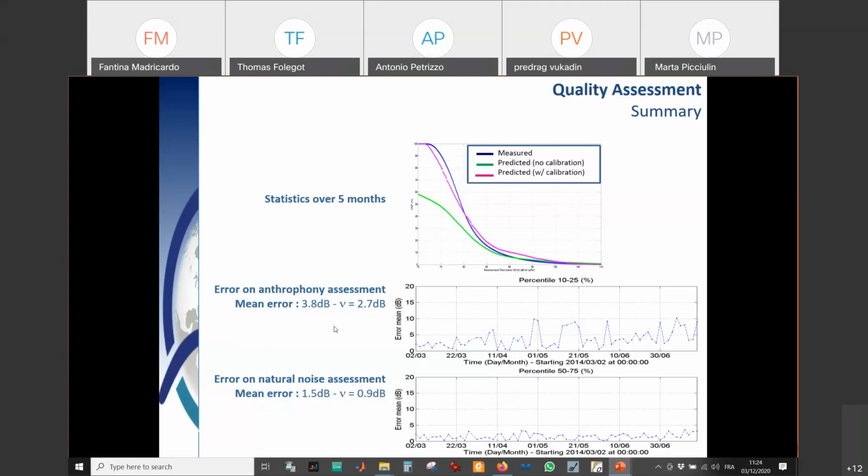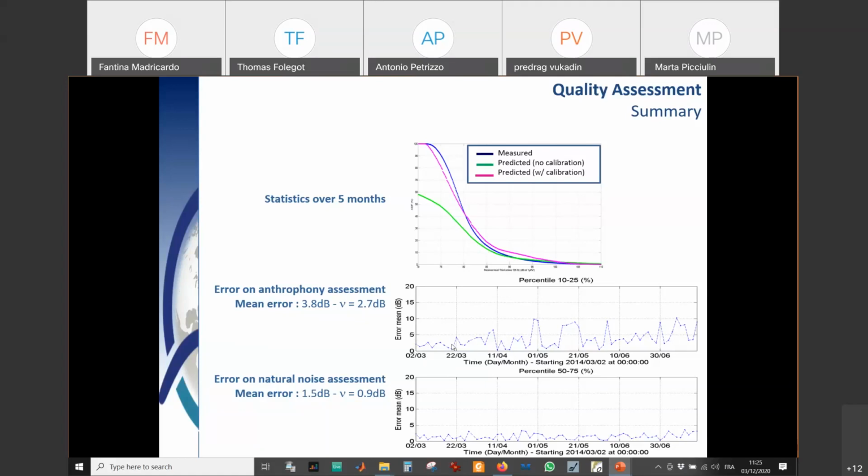For that, we look at the higher percentiles, actually the 10 to 25% part of the curve. We don't go to the very low percentiles because they are very rare, so not necessarily representative. How far are we? What is the difference between both curves? And we report the value here.